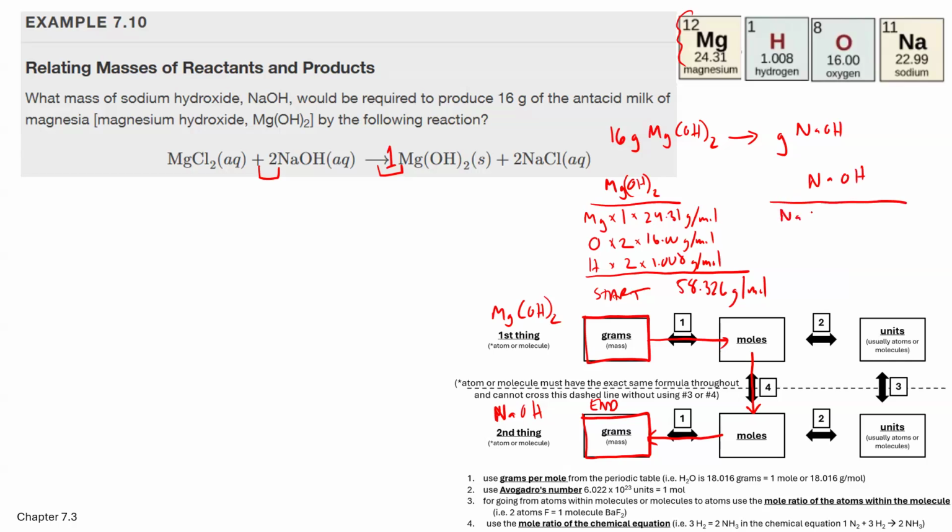Which is just sodium times 1, oxygen times 1, hydrogen times 1. Sodium is 22.99 grams per mole. Oxygen is 16.00 grams per mole. Hydrogen is 1.008 grams per mole. Let's do the math.